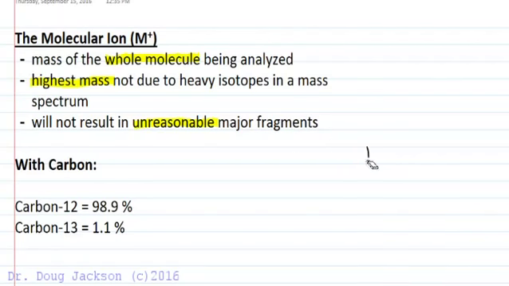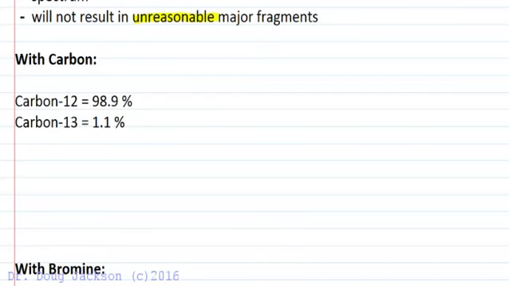And with carbon, the isotope effects that we're talking about, the molecular ion is going to contain carbon-12 and carbon-13. And so suppose we have a molecular ion that has 10 carbons. The odds of finding a carbon-13, which is 1.1% of all carbon, gets multiplied by 10 in this case.